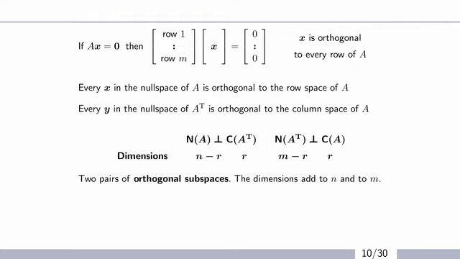So I'm looking to see, are there any vectors x that are perpendicular to all the rows? That's what Ax equals 0 is asking for. I've used the word orthogonal. That's more of a high-level word than perpendicular, so I'll stay with that to sound a little cooler.